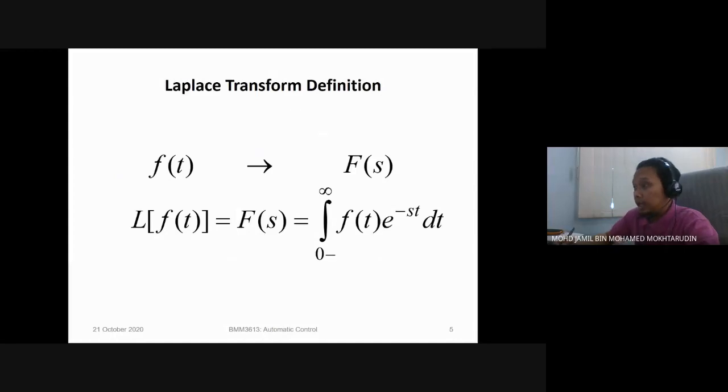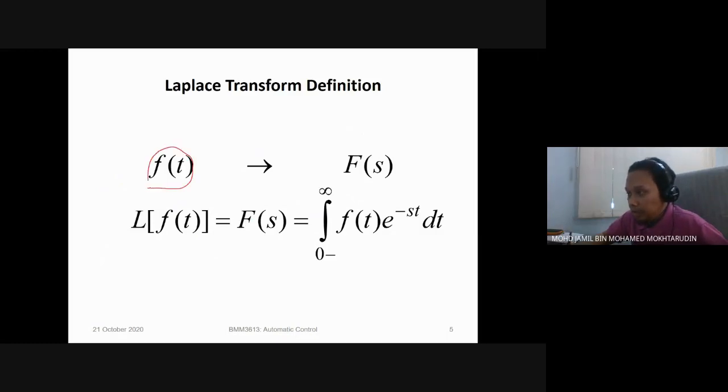Basically, Laplace transform has this definition. You don't need to memorize it because you are given a table later. Is there a table in the final? Usually the final has no table, I don't remember, but I'll check later.